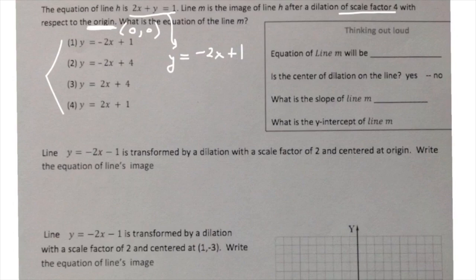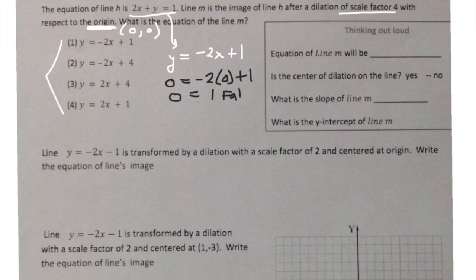Now the next thing I have to ask myself is whether or not the center of the dilation is on the equation. One way to tell that is to take a picture of it graphically, or another way is just to plug in the center of the dilation and see what happens. When I plug the center of the dilation in, I get 0 equals 1, which is not true.